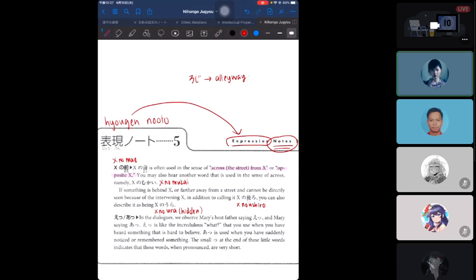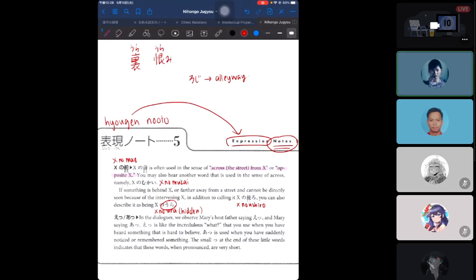This ura has a kanji with 13 strokes. But urami uses a different kanji, with 9 strokes.